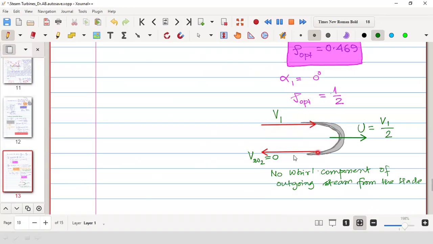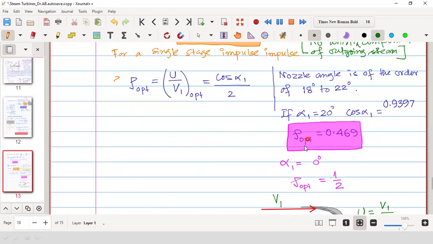Since there is no tangential component, the velocity at which the steam will leave, when the steam is impinging tangentially, will be 0. The relative velocity itself will be 0, because there is only tangential component and that itself is 0. Therefore, the absolute velocity at the exit will be 0. Right?